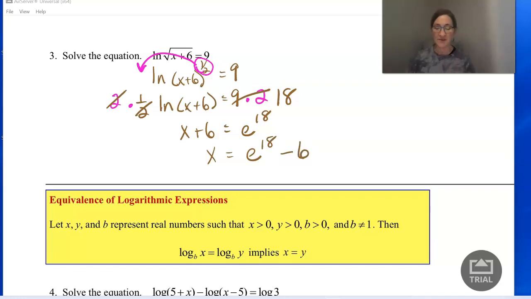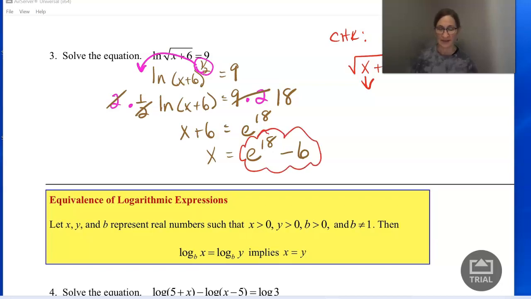If I want to check that, I'm going to take the square root of x plus 6, and I'm going to substitute in for that x this e to the 18th minus 6.